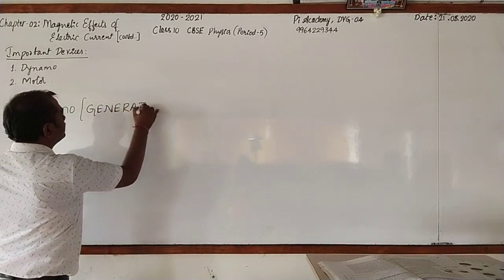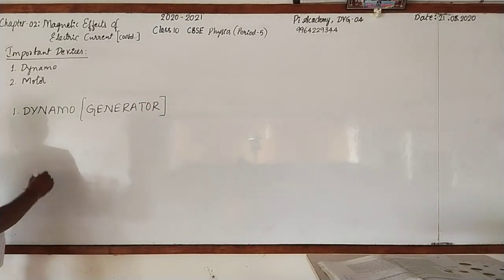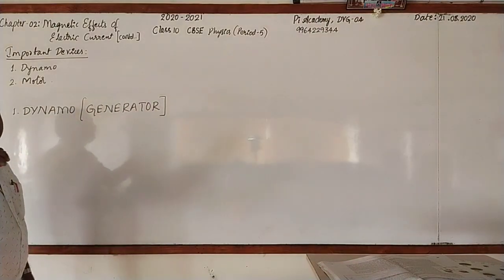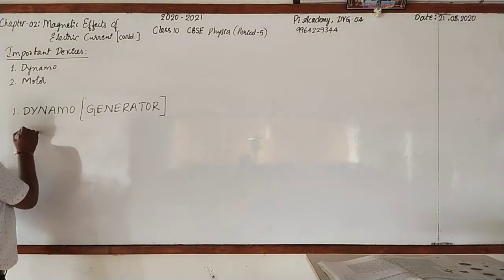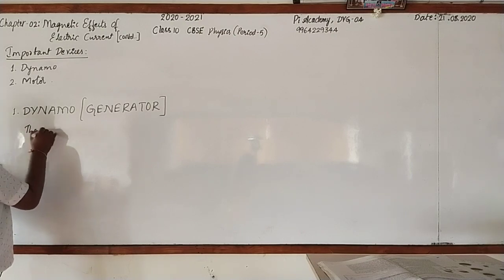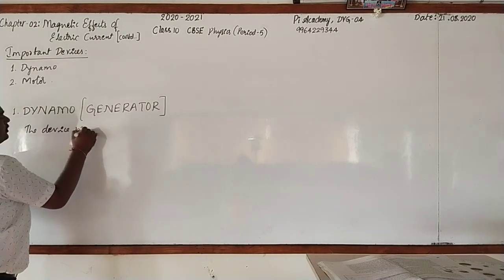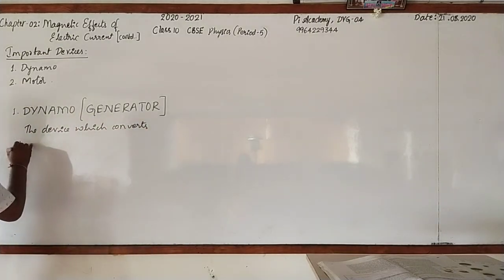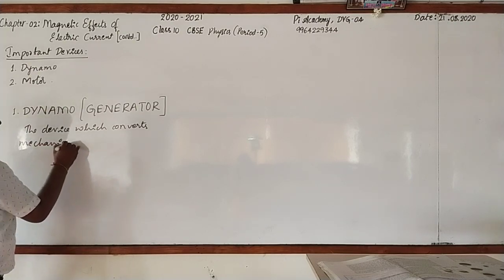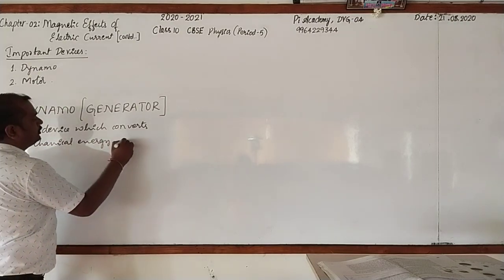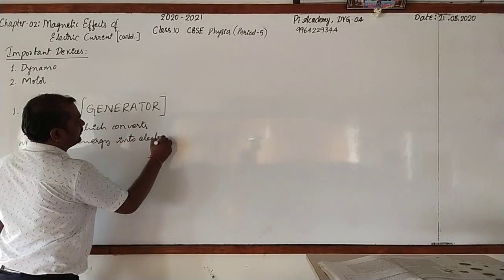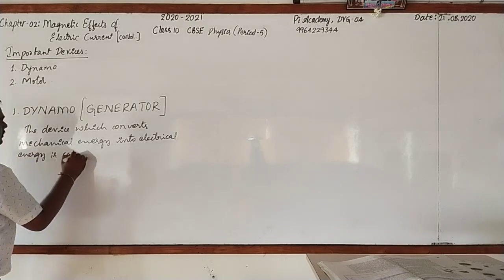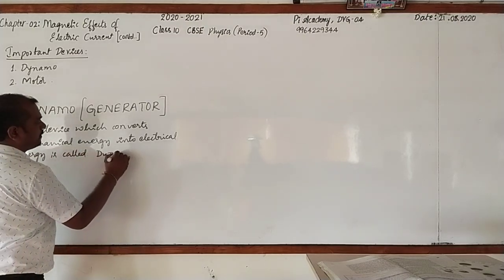Then what is a dynamo? Dynamo is a device which converts mechanical energy into electrical energy. Please do remember. Here I will write: a device which converts mechanical energy into electrical energy is called a dynamo.